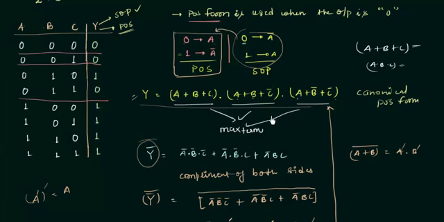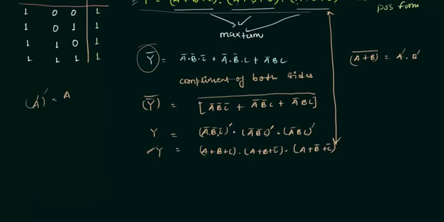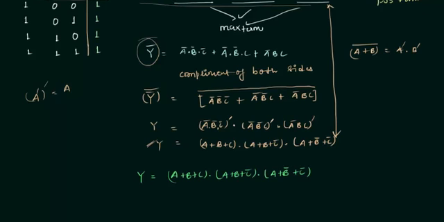You can use Boolean algebra to reduce this canonical POS form to the minimal POS form. I'm going to do it quickly, and in the next presentation we will solve a few more examples on the POS form. So the function y is equal to a or b or c, and a or b or c complement, and a or b complement or c complement, and we want to reduce it by using Boolean algebra.